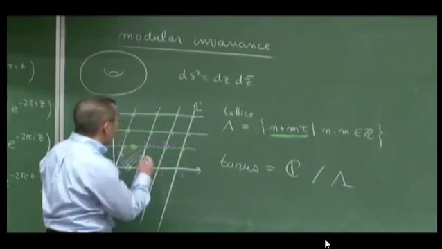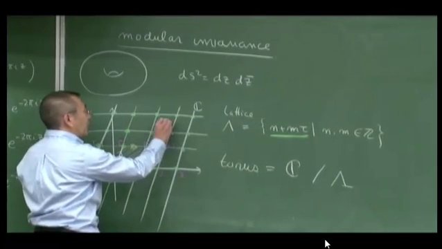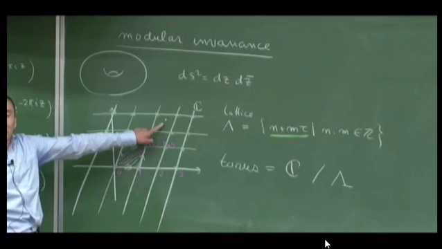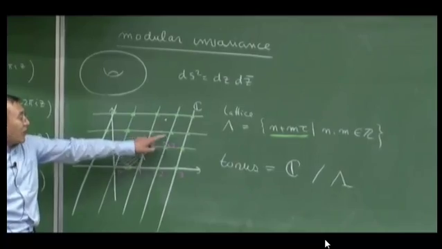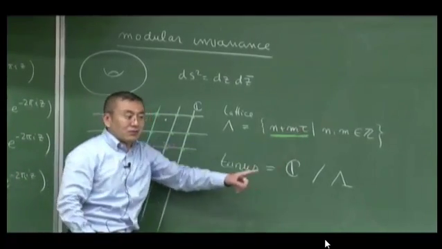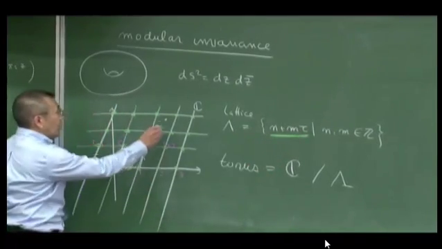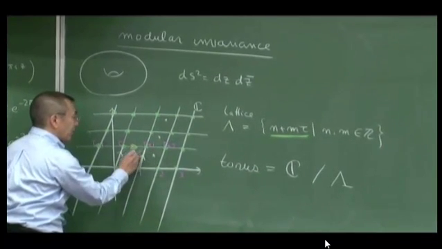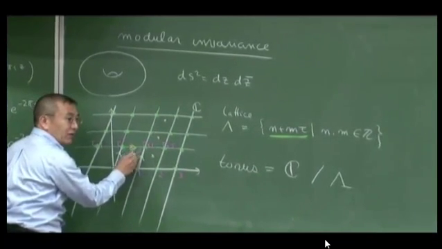We can see that because, for example, suppose you pick some point here on the complex plane. You can pick any point, but suppose I pick this point here. By lattice translation, by linear combinations of these numbers, we can identify this point with this point, and this point over here.